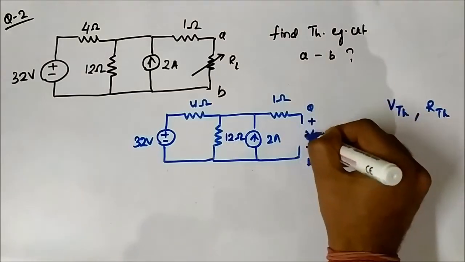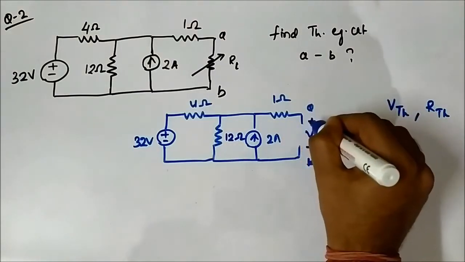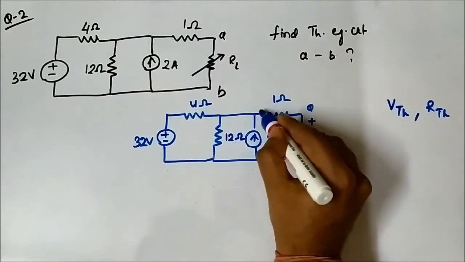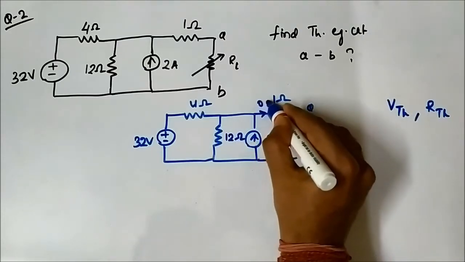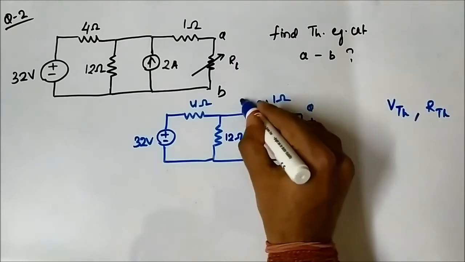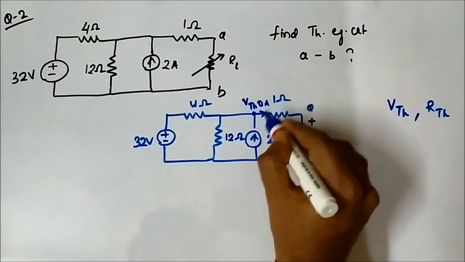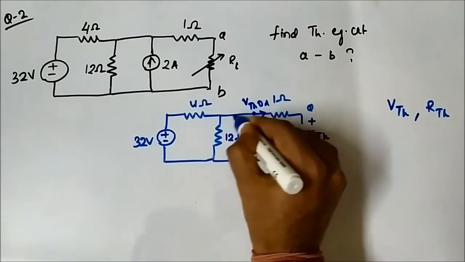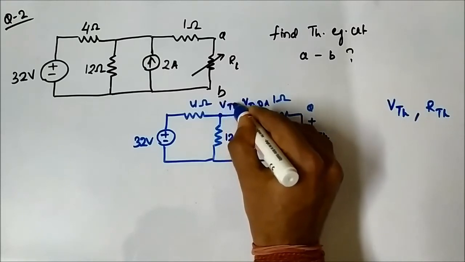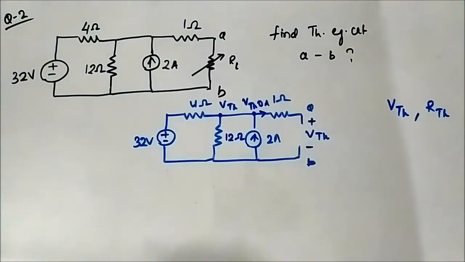Here the voltage across these 2 points is VTH. As it is open circuited, no current flows through this, so 0 voltage drop. So here also the voltage is VTH, and as there is no resistor in between these 2 points, here also the voltage is VTH.